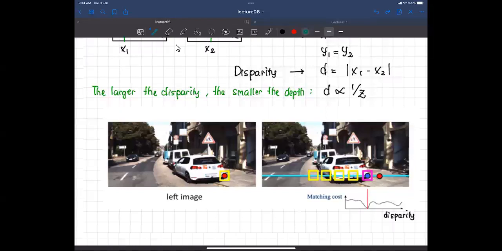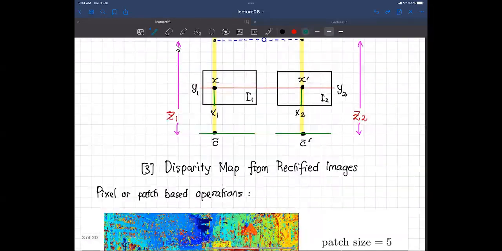To avoid this ambiguity, what is the solution? To increase the size, meaning that instead of pixels, we use windows. And windows have more unique characteristics, right? So we use window-based matching.